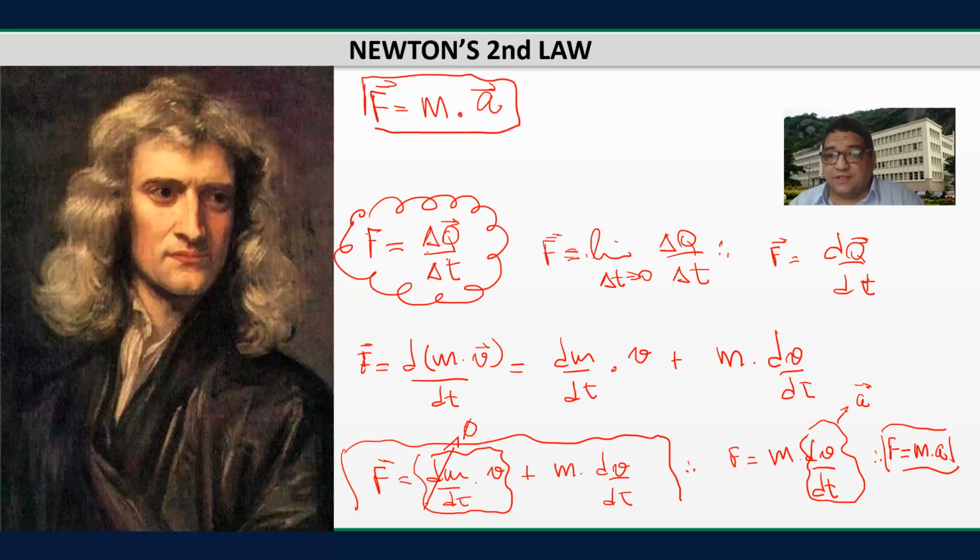But look, I can say that this expression is a model, because F equals m times a is a specific expression that I can use in a specific situation where I don't have variation of mass.